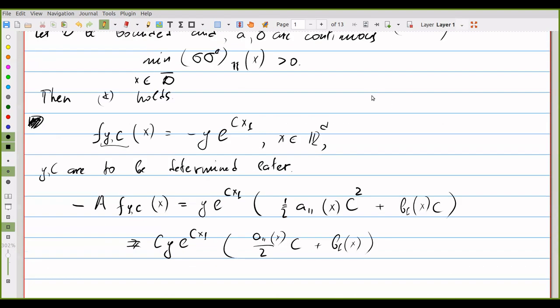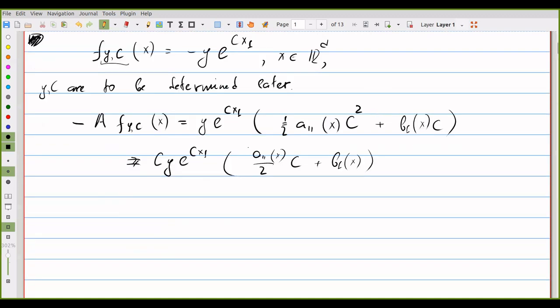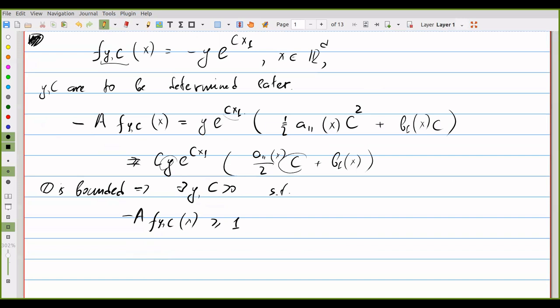Or just bounded, whatever. Then, since D is bounded, or coefficients are bounded, we can find y and c such that the inequality holds, because this grows to infinity, this controls the growth, etc. I will give this as an exercise.